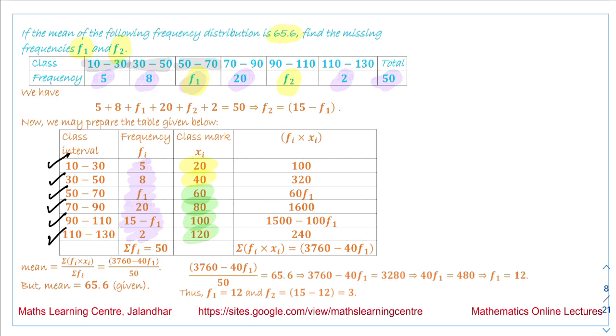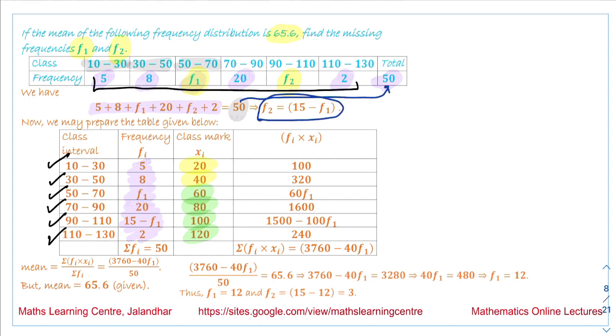Now the sum of all these values, 5 plus 8 plus f1 plus 20 plus f2, is given to be equal to 50. From this we get f2 equal to 15 minus f1, and we have used this value over here: in place of f2 we write 15 minus f1.